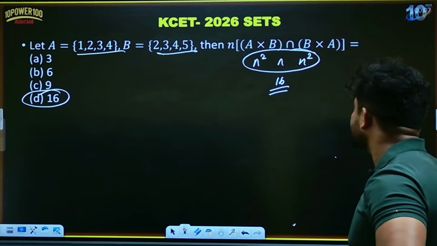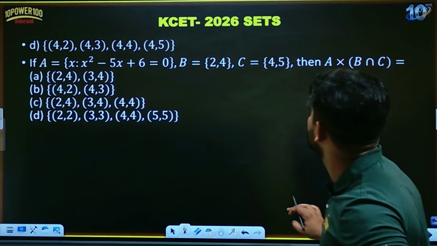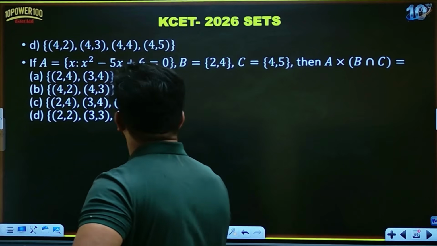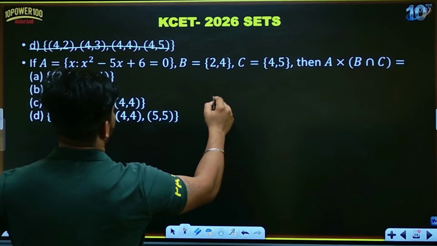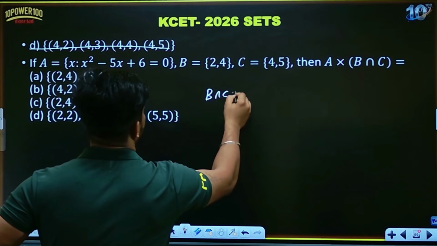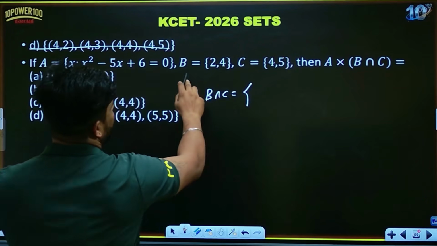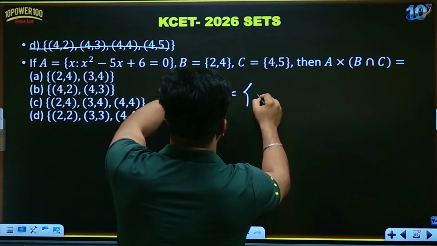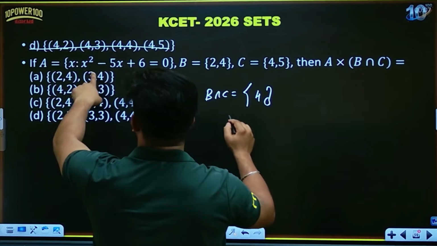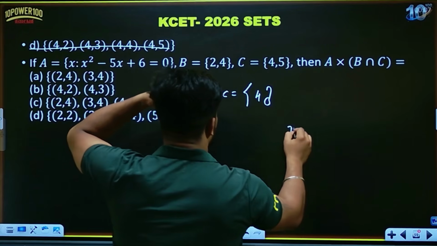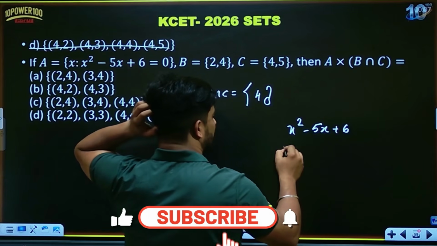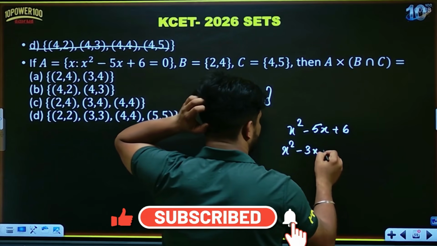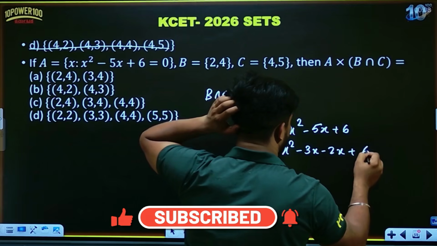Okay? I think this is option D, it has been given, not needed. Okay, so B intersection C. B intersection C, that is only 4, no? So 4. Okay, A, it's actually a quadratic equation, children. Okay, x square minus 5x plus 6. So 3 and 2, right? x square minus 3x minus 2x plus 6.